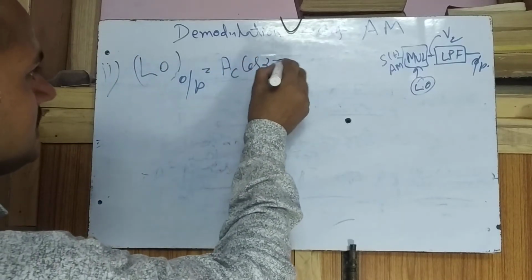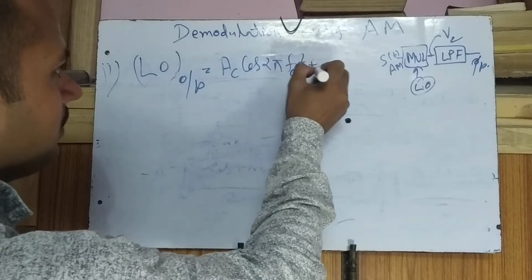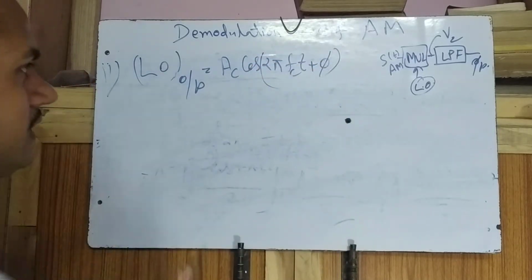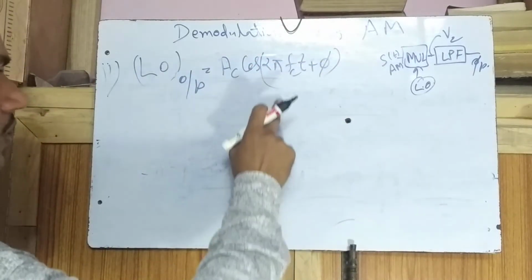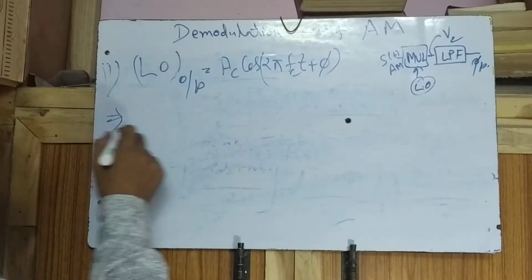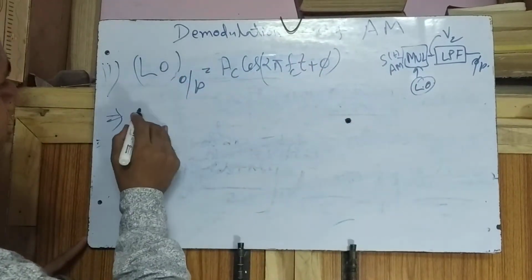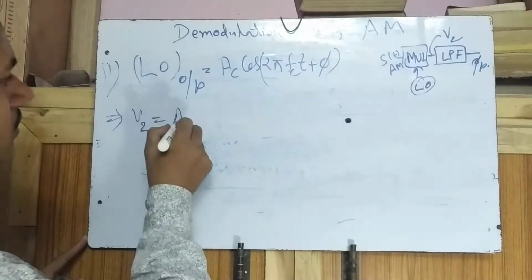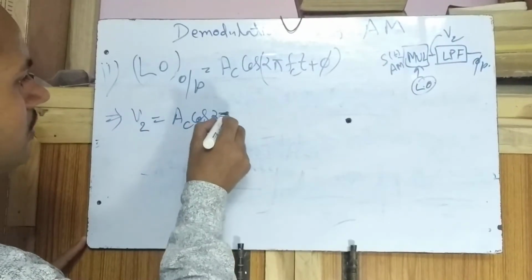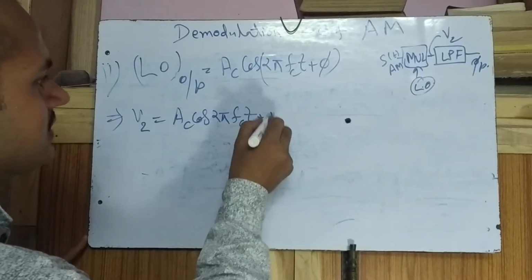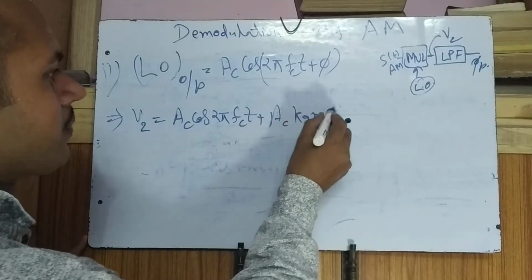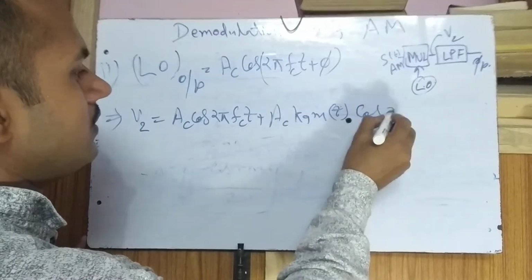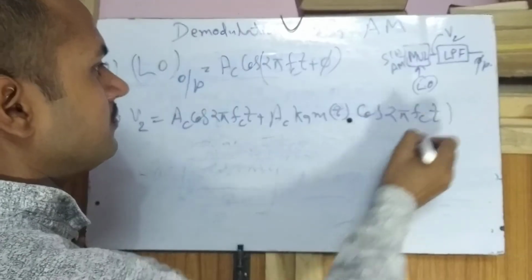Frequency synchronization is easy, we can achieve it, but we cannot achieve phi. So what will be the output of the multiplier? V2 is equal to Ac cos 2πfct plus Ac ka m(t) cos 2πfct.